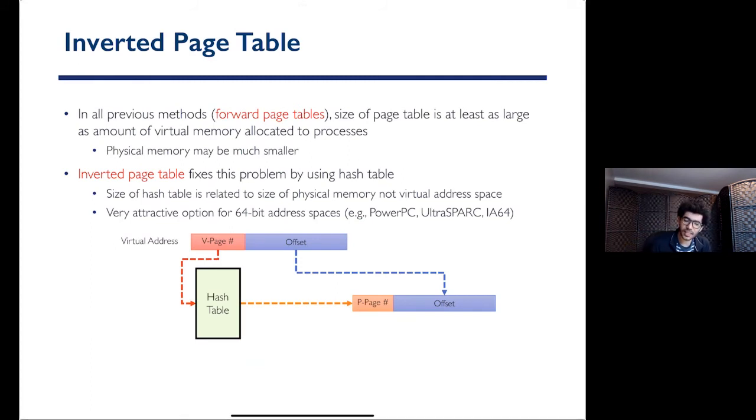In essence, an inverted page table is nothing but a hash table. The way it works is you take your virtual page number and you hash that to get your physical page number. So basically, physical page number is equal to the hash of virtual page number.